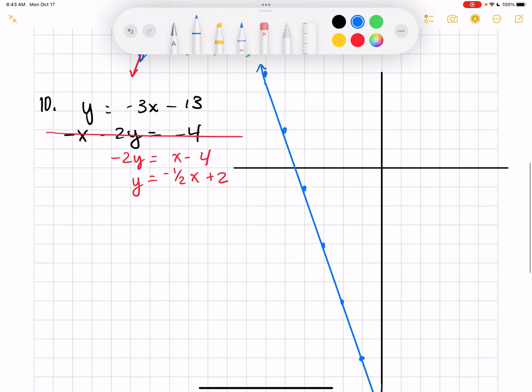And then second line, y-intercept of 2. And this one, just because of where the line is, for the first one, I am going to go down and back, again, because there's no reason to go up and to the right. It's clearly not going to cross over there. So, rise, so down 1, back 2, down 1, back 2, yes. It's a negative slope.